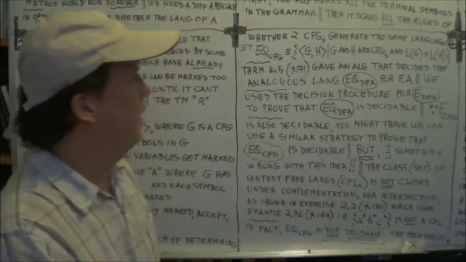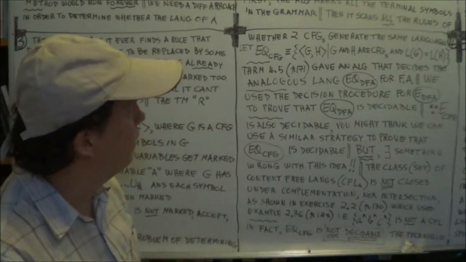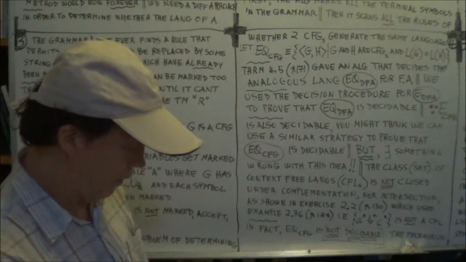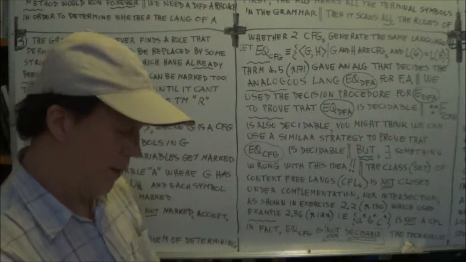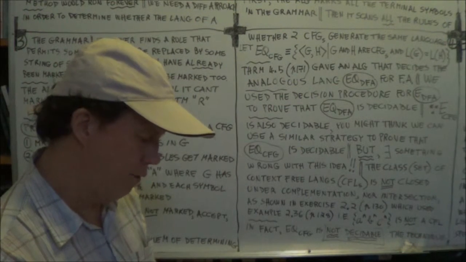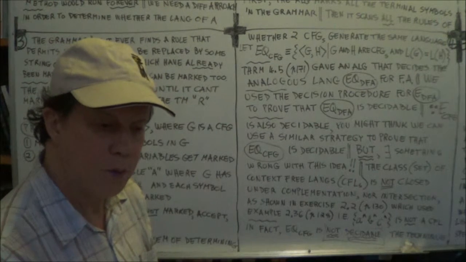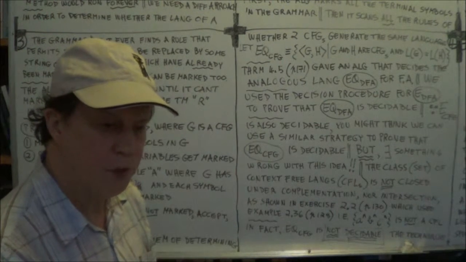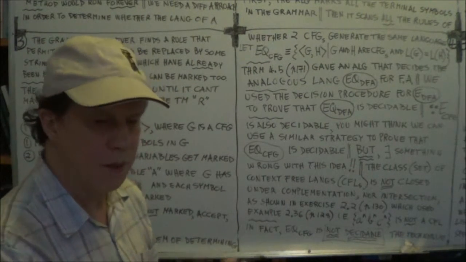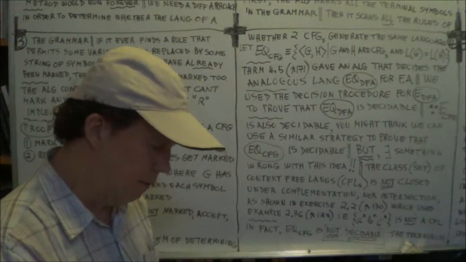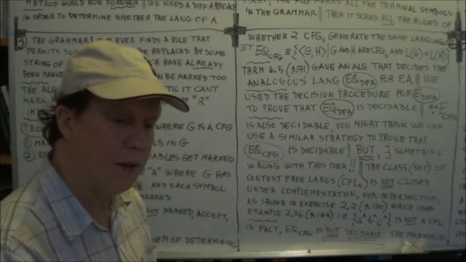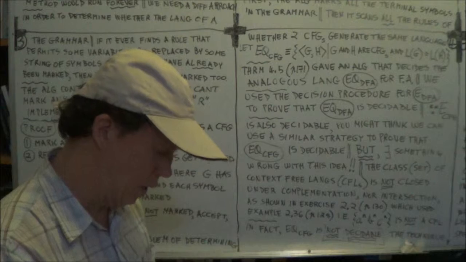I need to refresh what that was about. Page 171, Theorem 4.5. That language was EQ subscript DFA. The theorem was about finding a Turing machine that could decide, yes or no, accept or reject, whether two DFAs, two finite automata, recognize the same language.